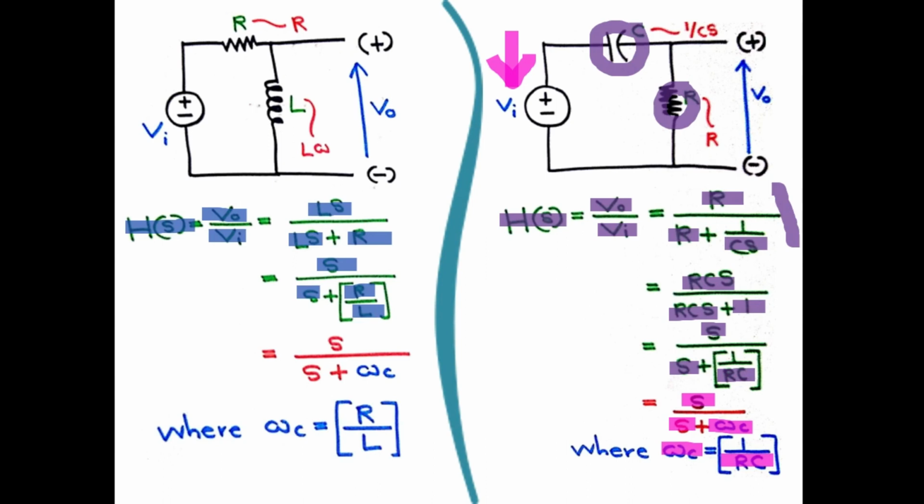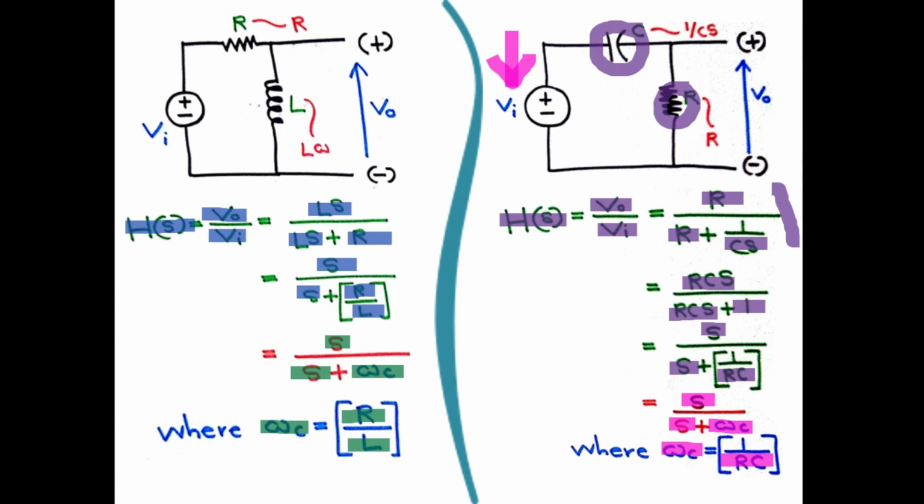By substituting omega c instead of R divided by L, we come to the expression s divided by s plus omega c. So, now here is a special point.